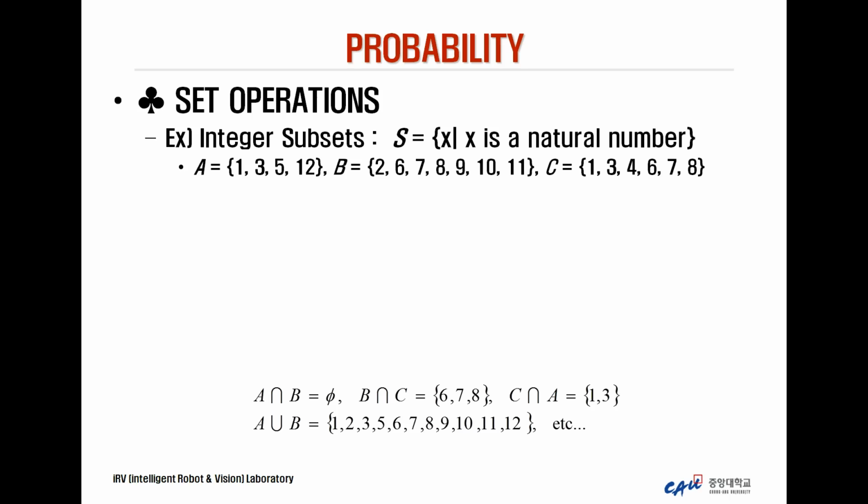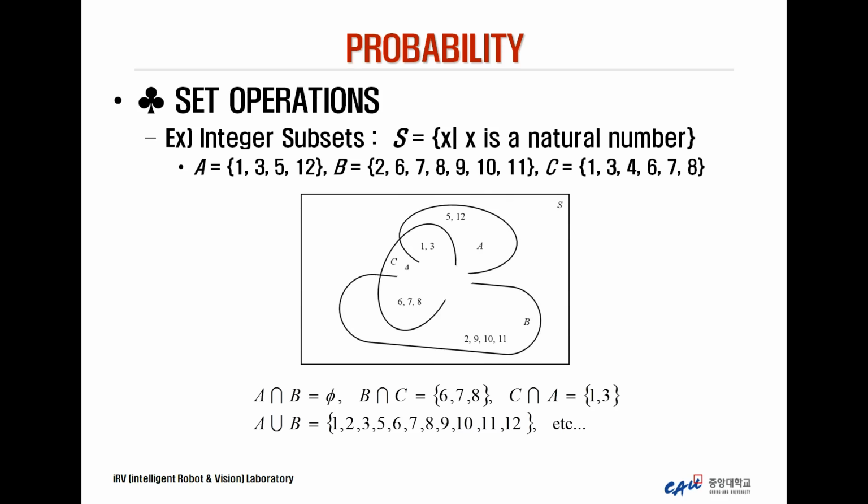So we have an example, integer subsets A, B, C, with universal set S, which is the natural numbers. Set A has 4 elements, set B has 7 elements, set C has 6 elements.